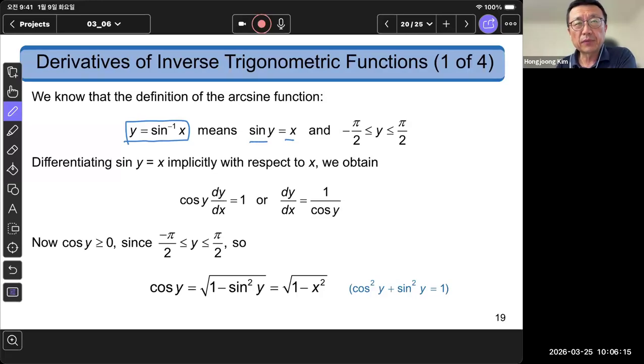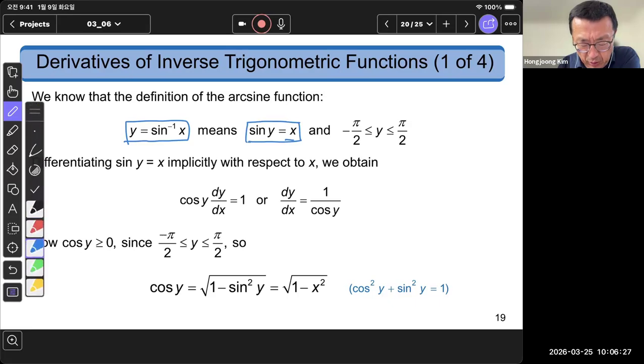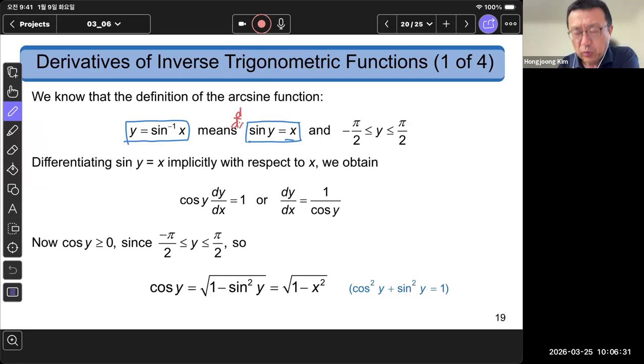That is the meaning of this arcsine. So if y is defined by arcsine, then I have sine y equals x, and now let us differentiate this new expression with respect to x. And you need to remember that this y is a function of x.